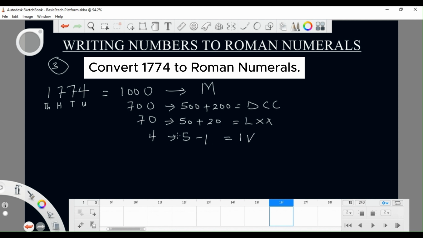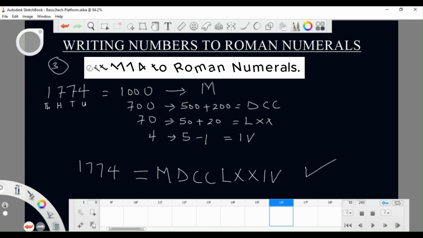So therefore, 1774 in Roman numerals is equal to MDCCLXXIV. That is the answer.